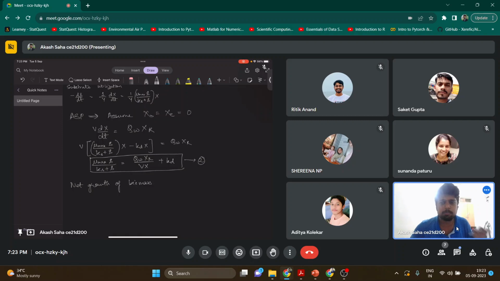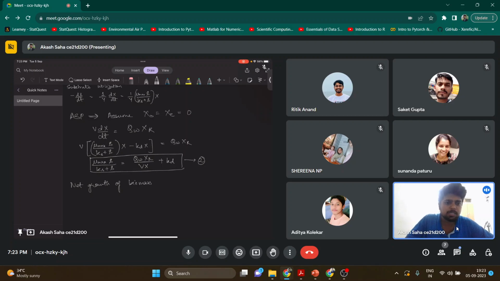We are assuming that both are zero because we assume that whatever biomass we have in the system is being utilized for the degradation. We are not assuming that the wastewater that is coming into the system is carrying any biomass. Once we have stabilized the system, it means that whatever raw wastewater is coming into the system doesn't have any biomass.